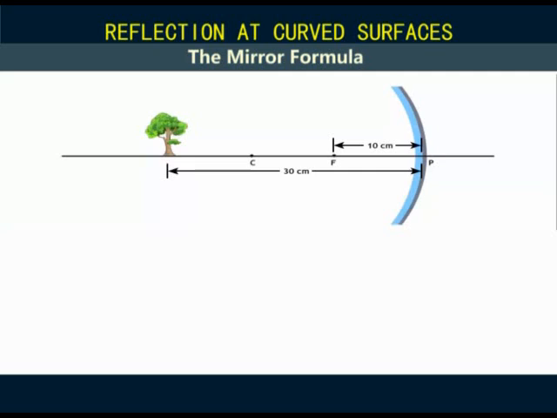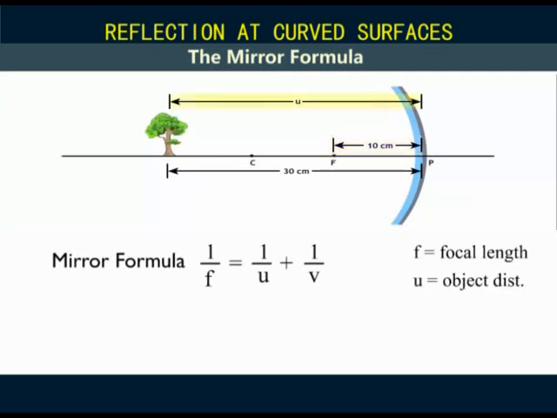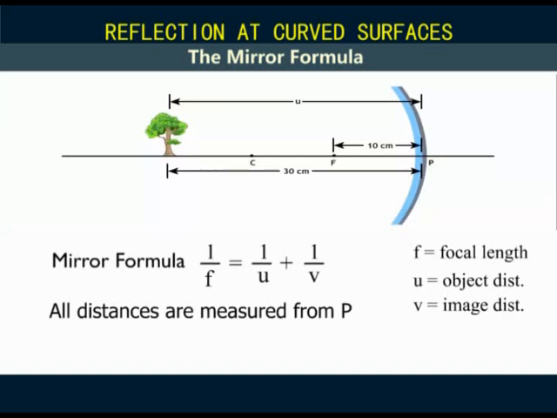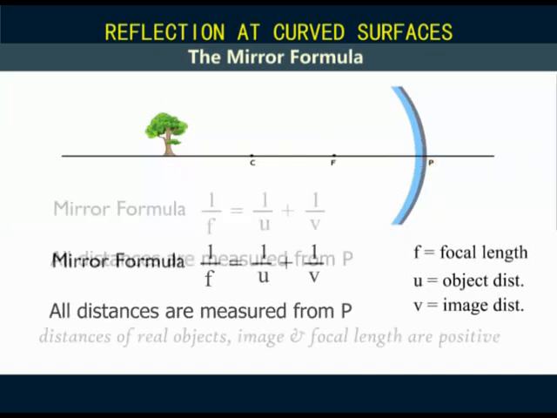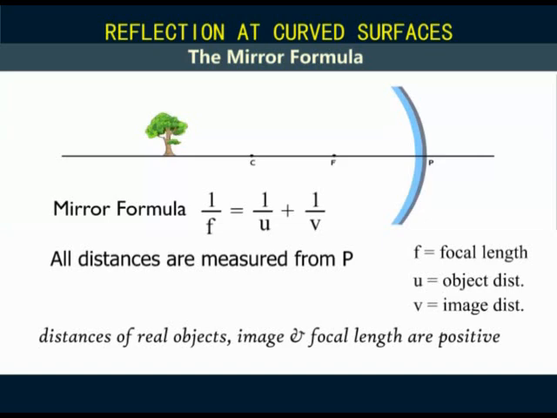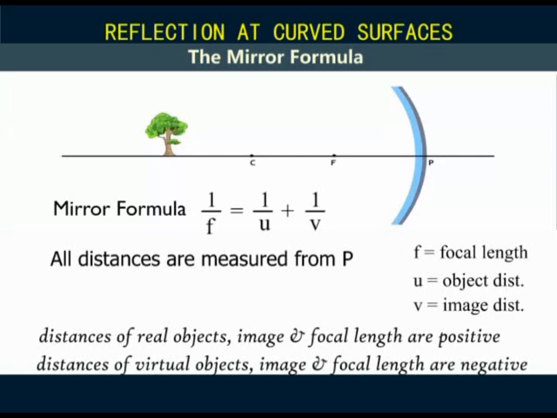Now, the image distance, object distance, and the focal length in a spherical mirror are related by the mirror formula. 1/f = 1/u + 1/v, where f is the focal length, u is the object distance from P, and v is the image distance from P. All distances are measured from P. Distances of real images, real objects, and real focal length are considered positive, while distances of virtual objects, images, and focal length are negative.